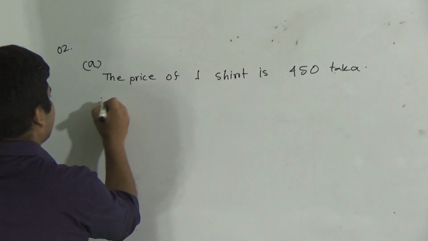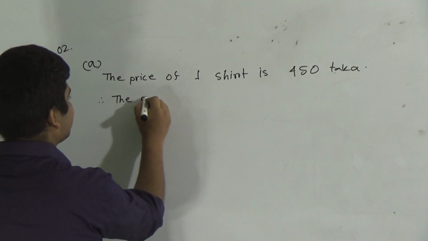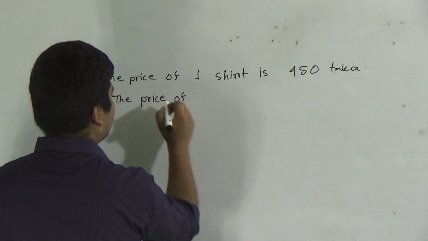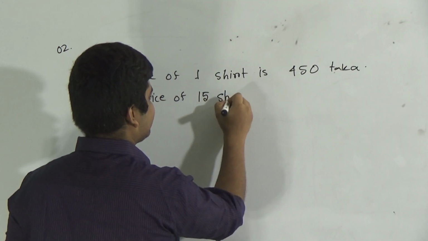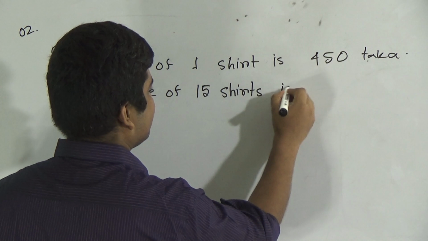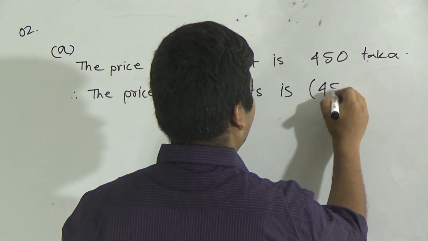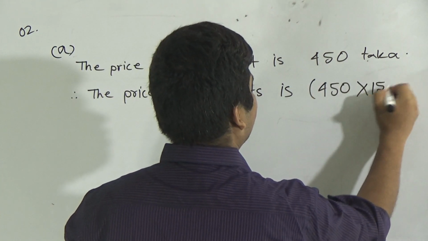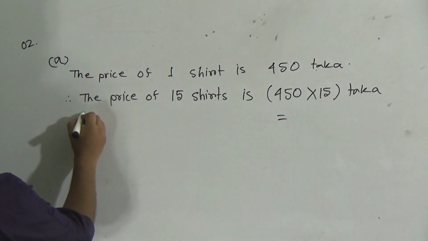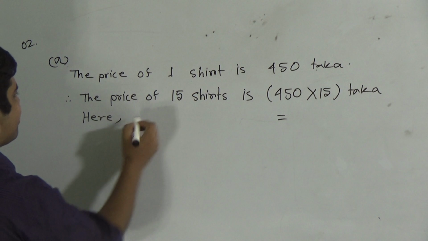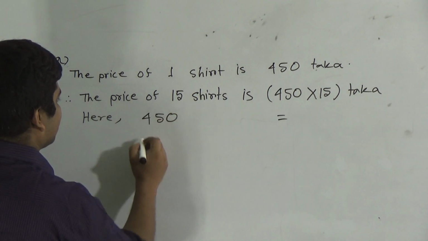Now the price of how many shirts? 15 shirts. For 15 shirts, we multiply 450 with 15 taka. Dear students, you write here. After that we do the calculation.